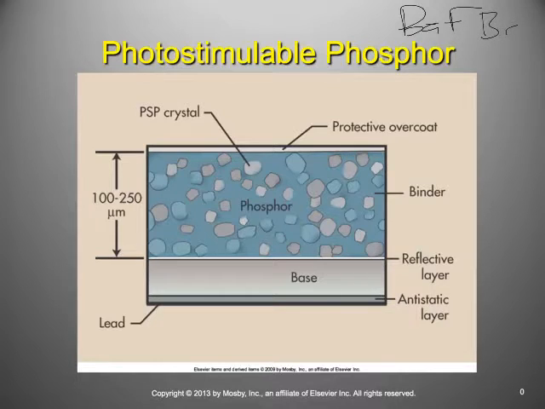I don't think that's correct. I think that's barium fluorobromide. I haven't had a chance to look that up, and I don't have a periodic table in front of me, but I'm pretty sure that's not the correct expression of barium fluorohalide. So if anyone can look that up on their phone, that'd be helpful to know.